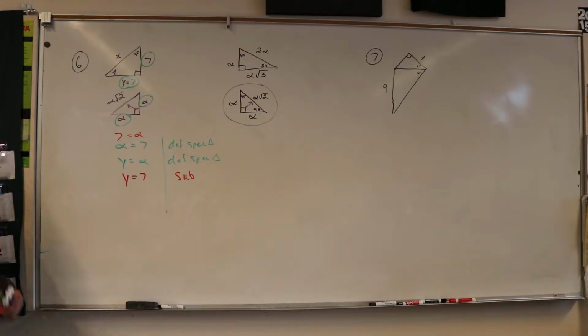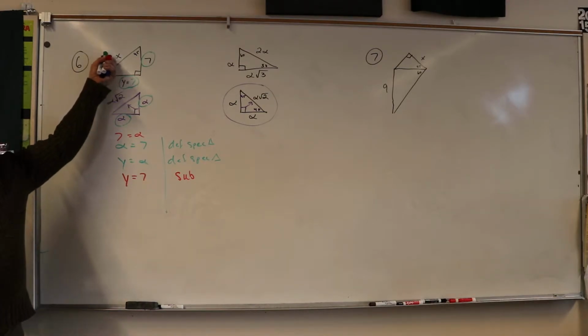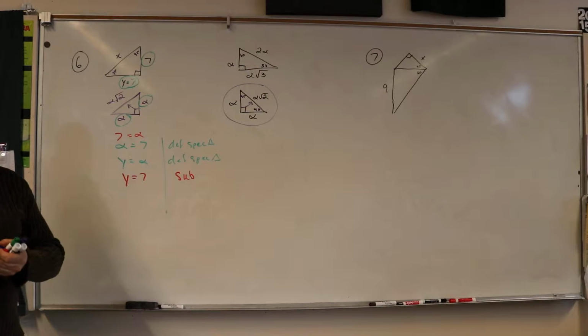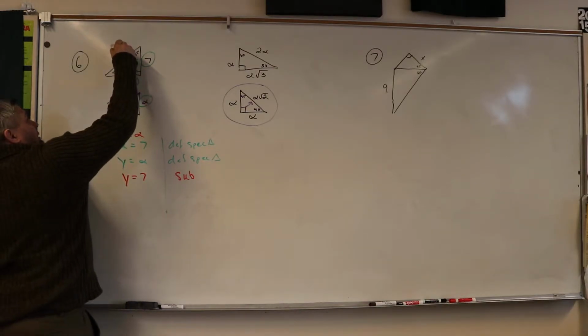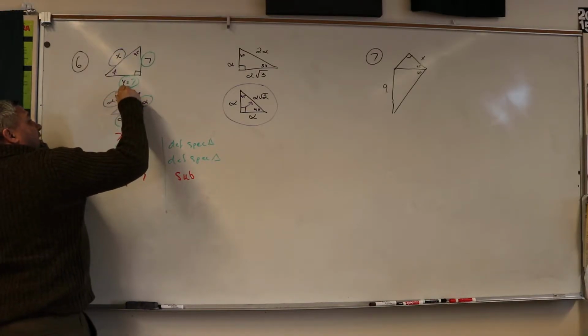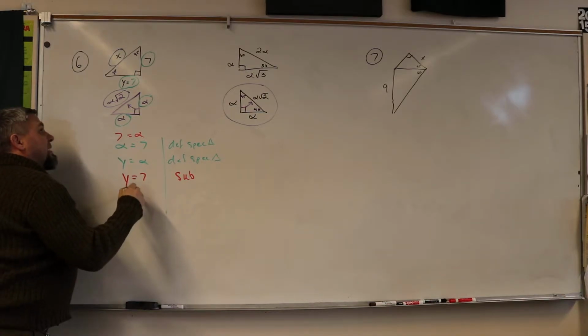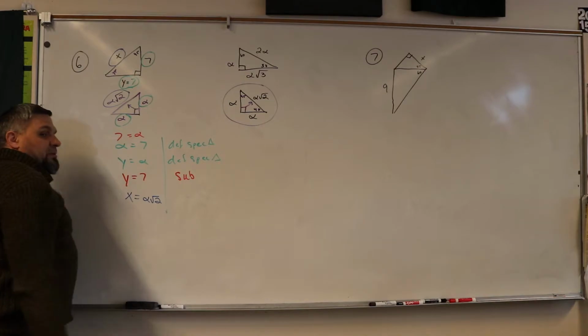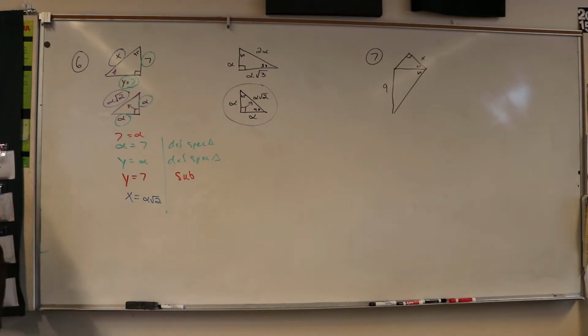Now we've got to figure out the last part, which is x. Now we know, because of the definition of special triangles, that x is equal to alpha square root 2. Right? How much is alpha? 7.